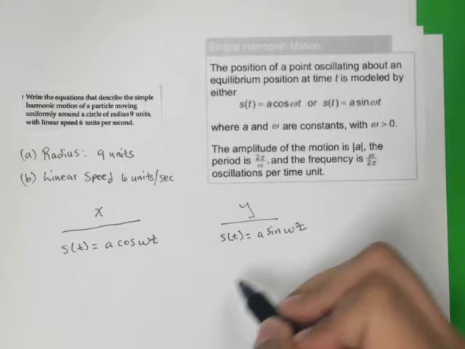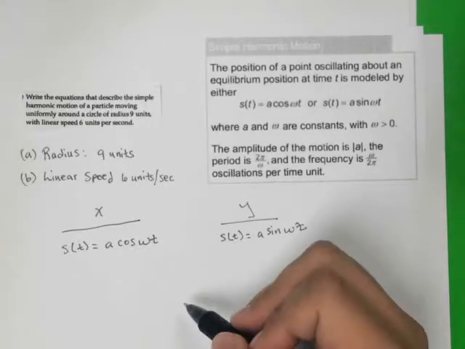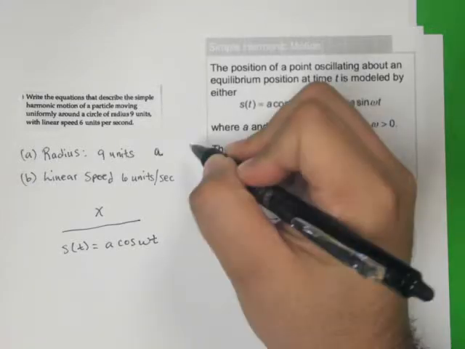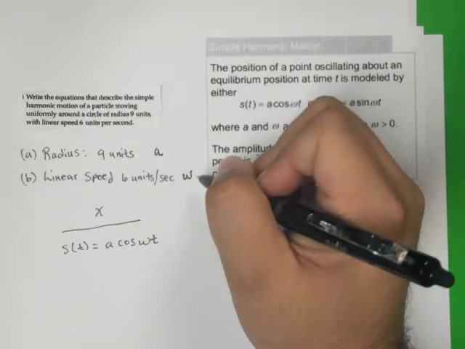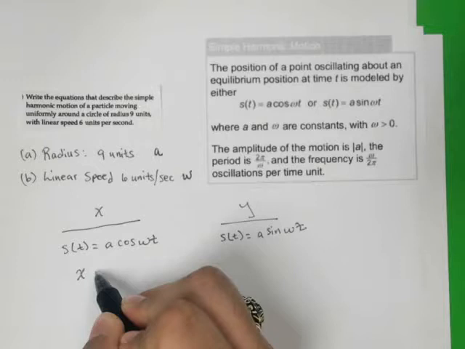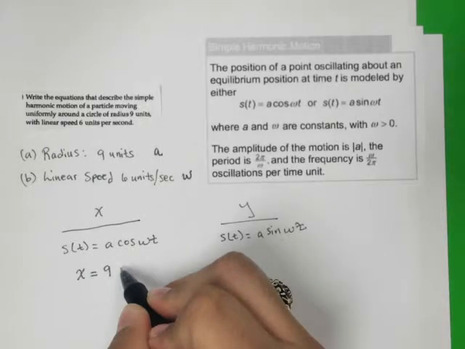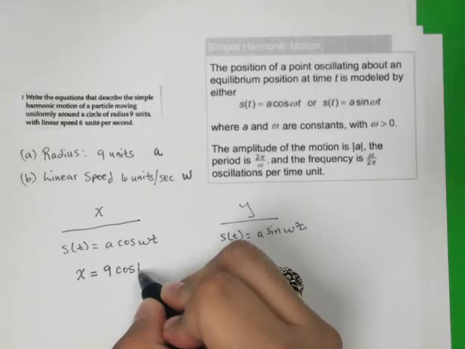Okay, now all we do is fill in what it is that we know. This right here corresponds to a, our amplitude, and this here corresponds to our omega. So along the x component, x equals 9 cosine, omega being 6, so 6t.